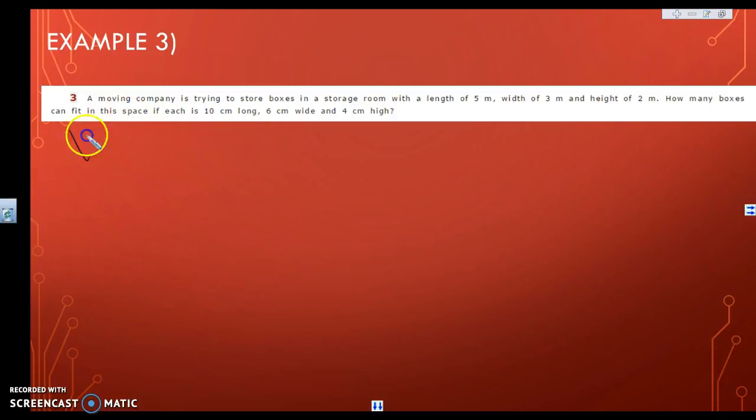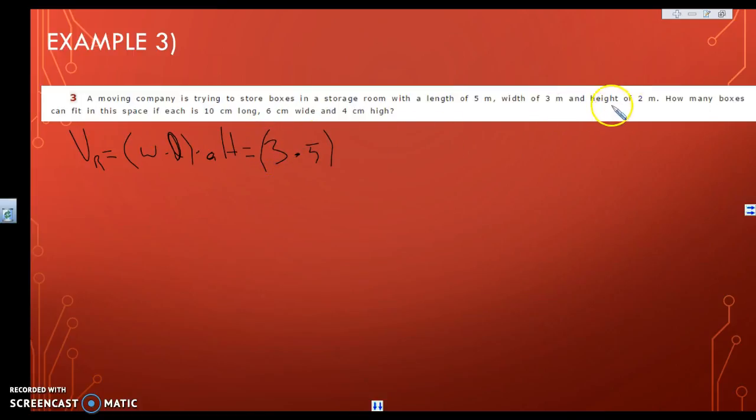So the volume of the room, which I'll indicate by V sub R, is given by the volume of a rectangular prism, which is equal to width times length times altitude. So let's plug in what we know. The width of our room is 3 meters, so that's 3 times a length of 5, so 3 times 5.